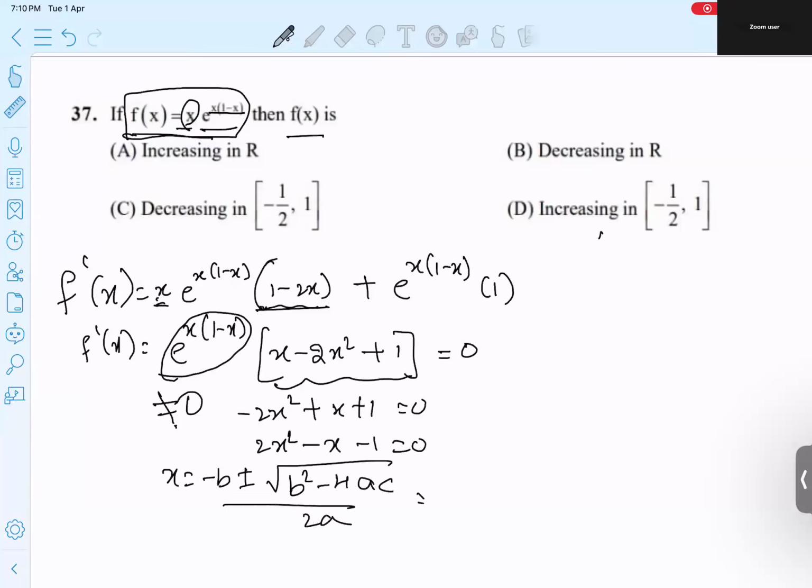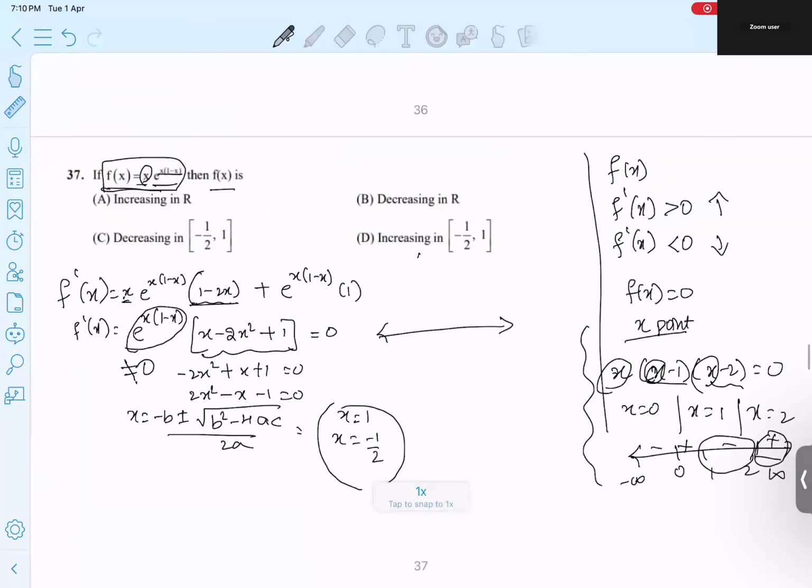So using this identity, if we simplify this, we will get two values for x, that is x is equal to 1 as well as x is equal to minus 1 by 2. Let us substitute this on a number line, students, as we discussed in an example problem.